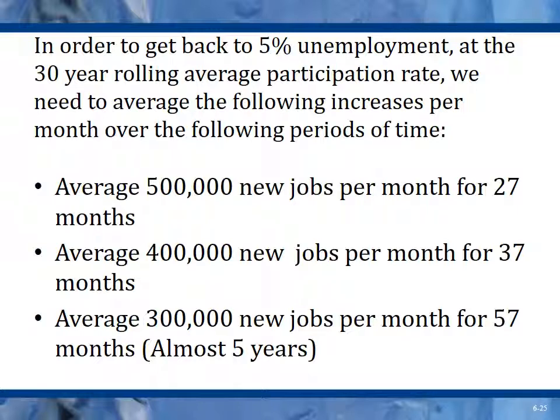At 400,000 new jobs per month, I want to say we've done this a couple times, but never consecutively. Still 37 months in a row, for over 3 years in a row.